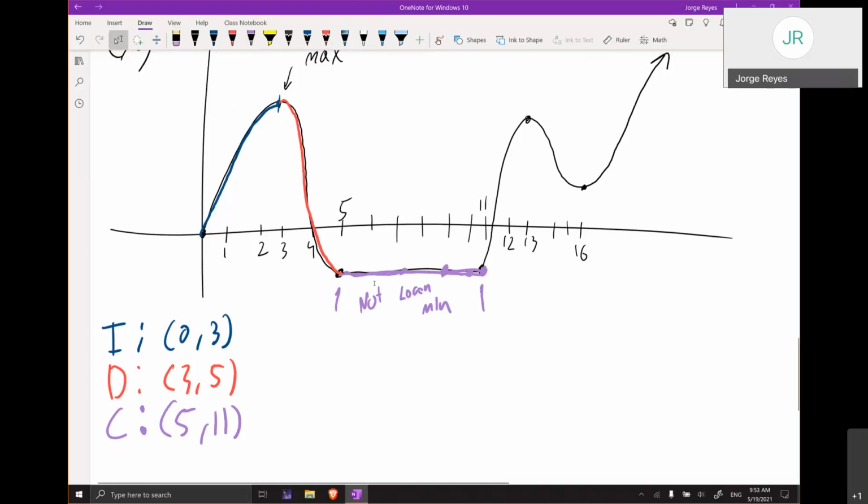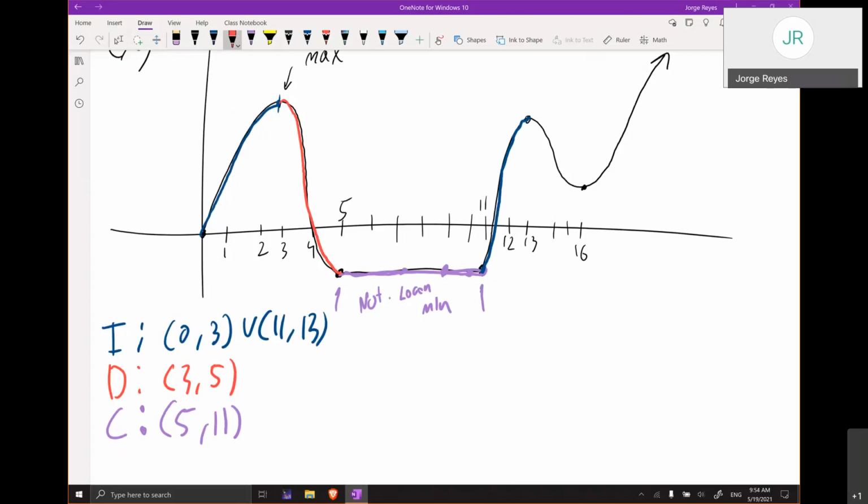So constants kind of break the min-max things. But as soon as we hit 11, we start going up again, and we go to here, which I call 13. So from 11 to 13, we are increasing again.